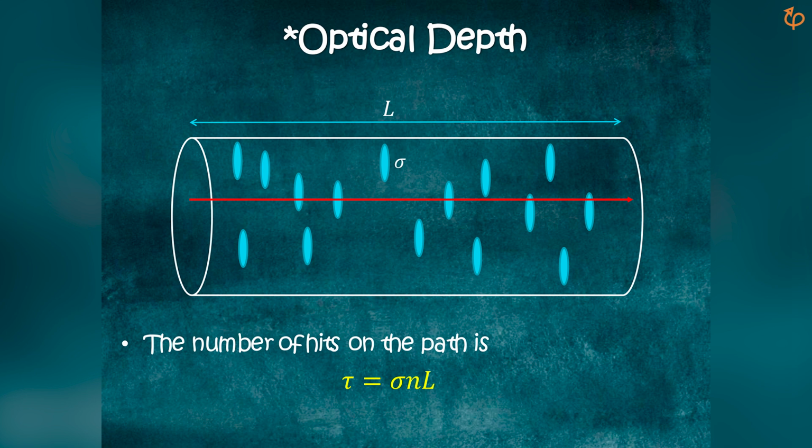If tau is larger than 1, it means that statistically, each time that I will shoot the laser beam, it will hit, suppose that tau here is 10, like in this problem, tau is 1, 2, 3, 4, 5. It means that statistically, each time that I shoot a laser beam, it will hit 5 targets before it can leave, meaning that it will never be able to exit this pipe. So as long as tau is larger than 1, the chances for a laser beam to be able to exit the pipe are close to nothing. Okay, so a laser beam will not be able to leave the pipe.